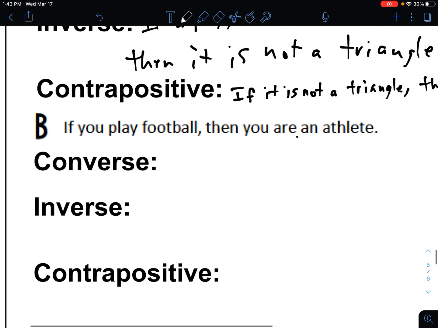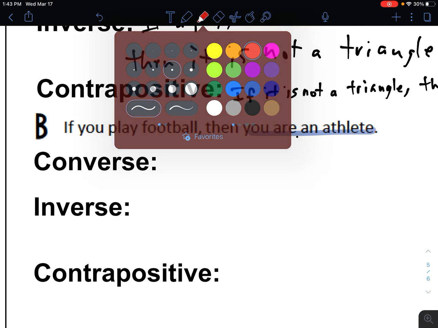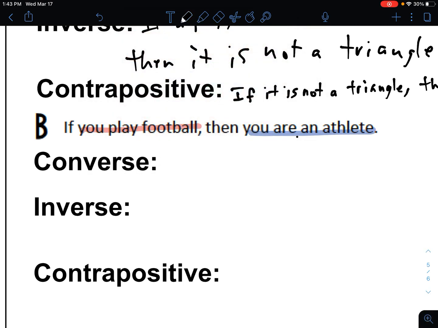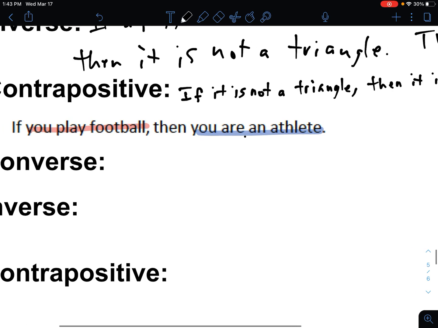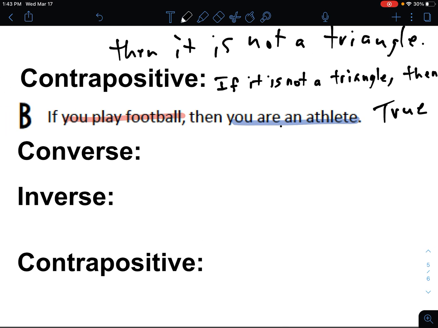So the converse is just switching the 2 around. Again, this is the conclusion: you are an athlete. Is that a true statement? If you play football, then you're an athlete. Well, that's true. You have to be athletic to play football, right? Converse, taking the 2 and flipping them around.